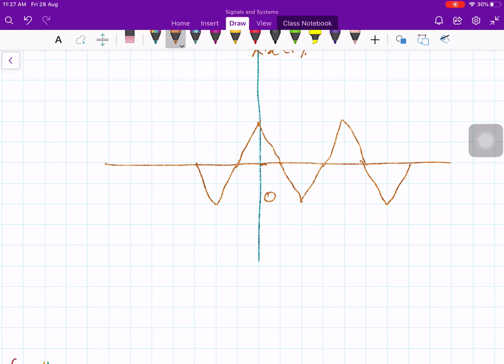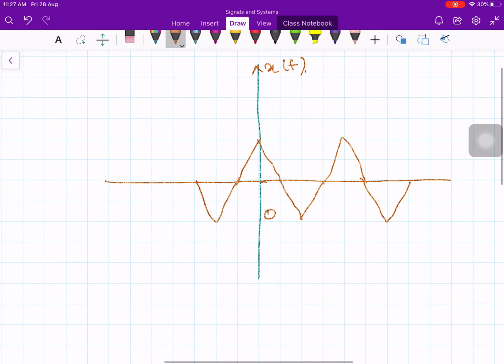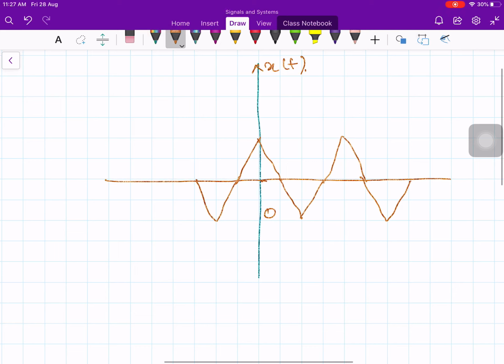Now if you look at this waveform, it is an even function of time. Therefore cosine terms are present. An is present. But the half wave symmetry that we talked about still persists, because whatever is happening in the positive half cycle, the same thing is happening in the negative half cycle.